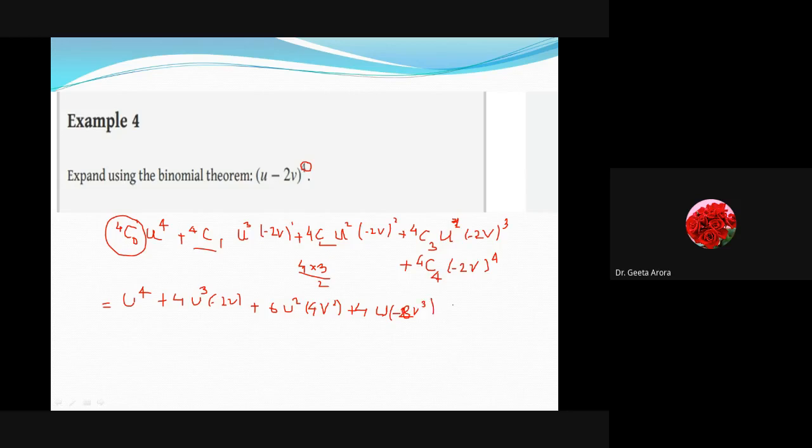And 4c4 is also 1, same as 4c0. So it is 2 to the 4, that is 16, which is positive, and v raised to power 4. So I have written the last term. Until now I have not obtained the values from you. You have to let me know you are active or not.